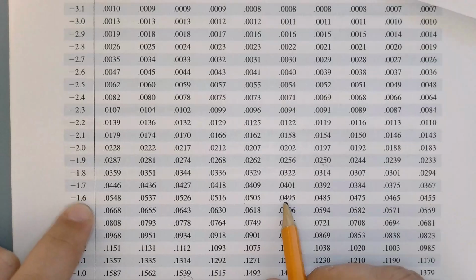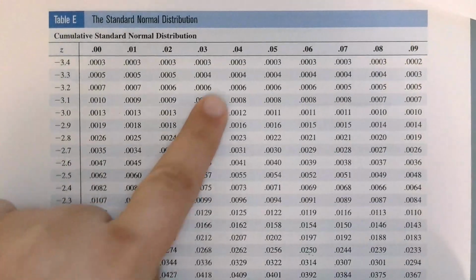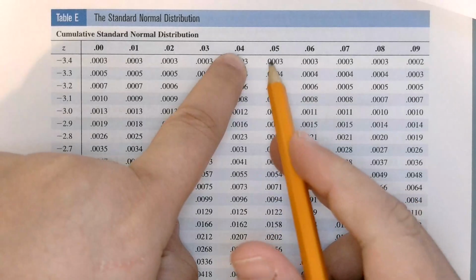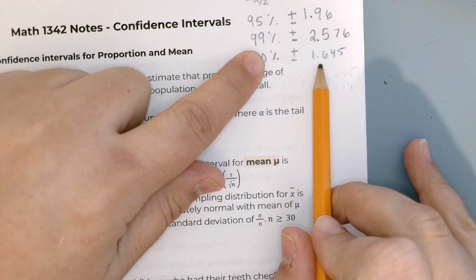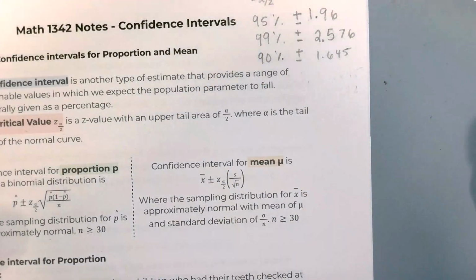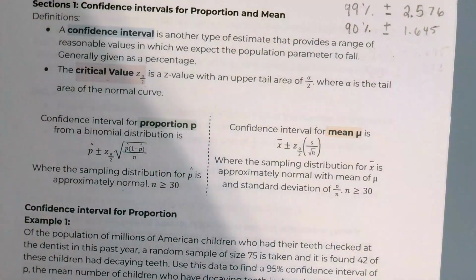So it's going to be negative 1.64, and then halfway between would be 5. So the critical value for 90% is 1.645, both positive and negative. Okay, so I hope you understand how I got those numbers.